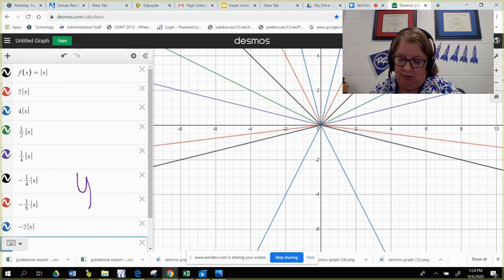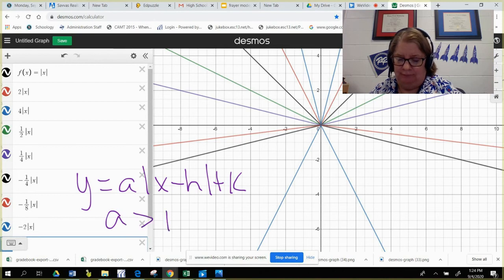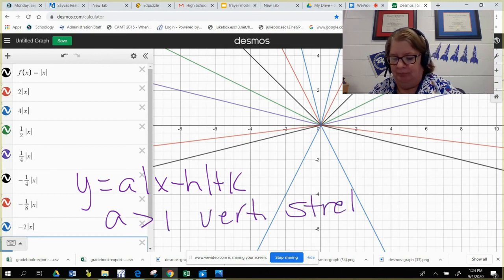Okay, so here's our form of our equation. If a is greater than 1, that's called a vertical stretch. Think about a rubber band. If you stretch it, it gets skinny.